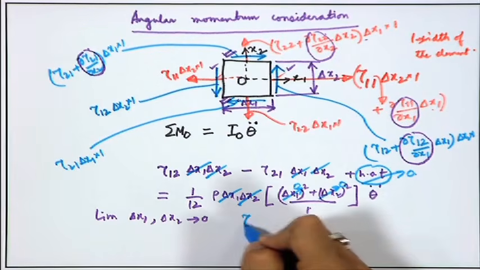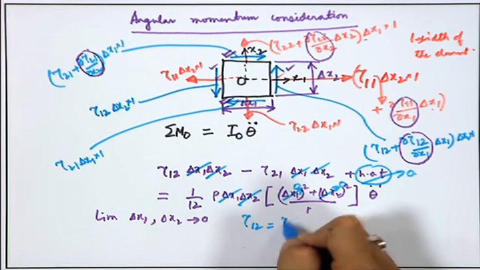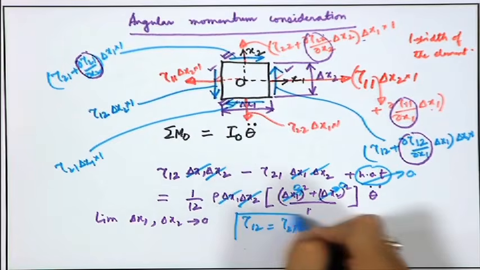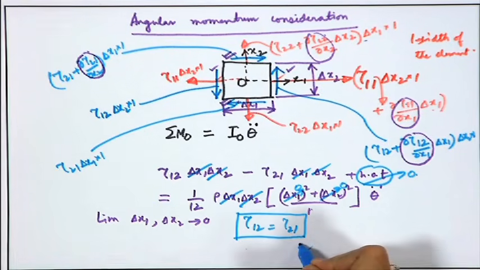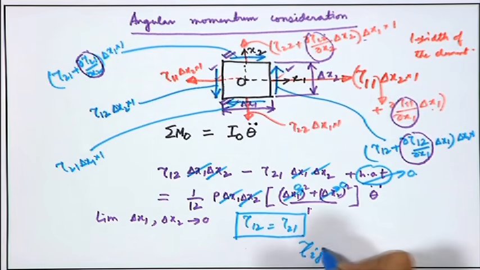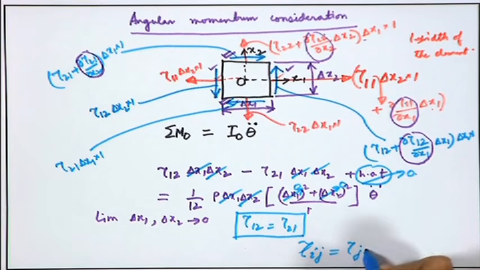Therefore, you are left with tau 1 2 is equal to tau 2 1. So, from angular momentum consideration, we can generalize this and write tau i j is equal to tau j i.